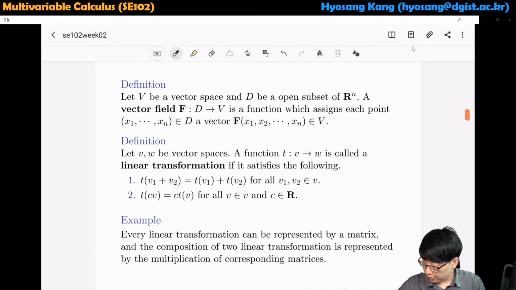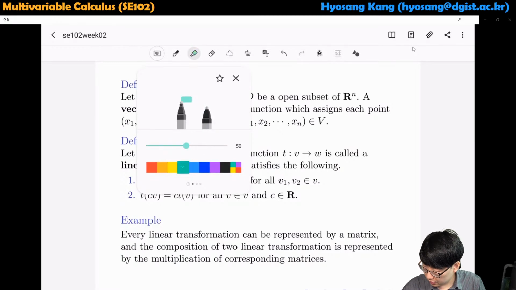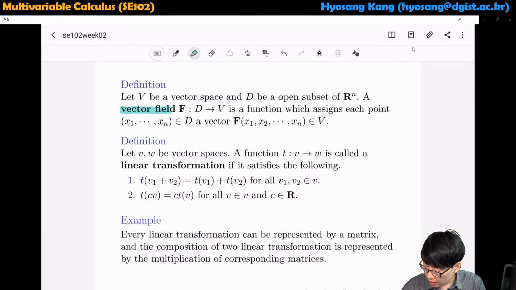Now, this is the important thing. So let's say we have a vector space V, and we have an open subset of Rn. So we're going to define what's called the vector field here, and it sends a point to a vector.